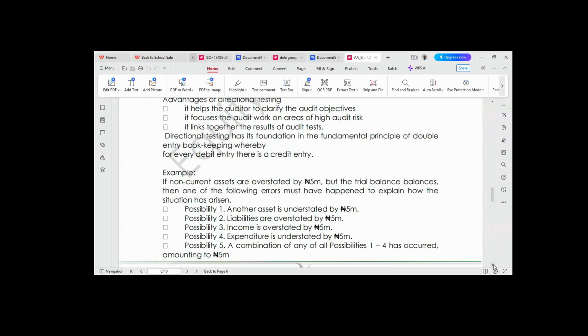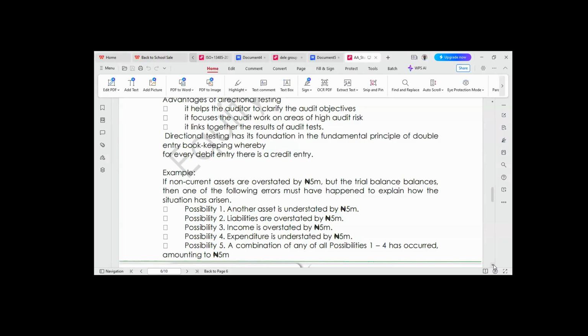You know that from your trial balance you extract figures for your financial statement. For those that don't know, the trial balance is a test of arithmetical accuracy. So all your ledgers will filter into your trial balance. Then from your trial balance, you generate your financial statement.